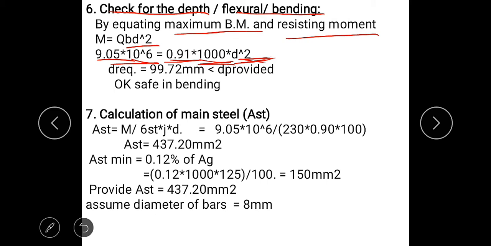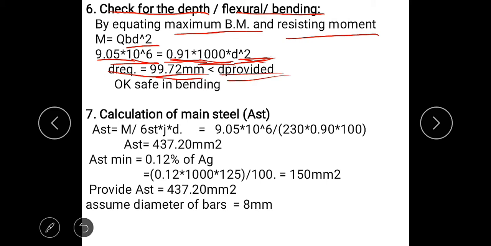So 9.05 into 10 to the power 6 divided by 0.91 into 1000 equals d squared. So d required comes to 99.72, so 100, which is smaller than d provided.